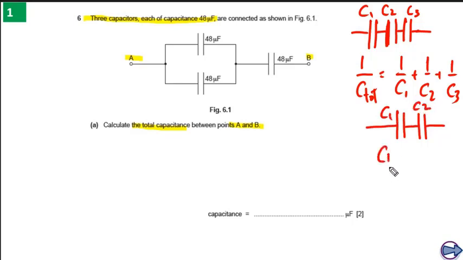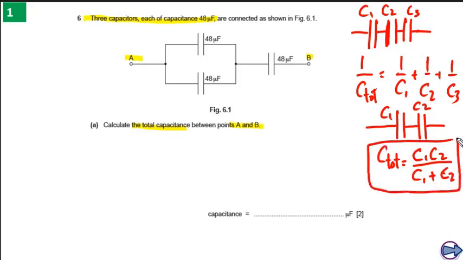If we need to find the total capacitance, simply we can multiply these two, means the capacitance we can multiply and we can divide by sum of the capacitance, means C1 plus C2, and this is only valid for two capacitors connected in series, and this is similar to resistors in parallel.